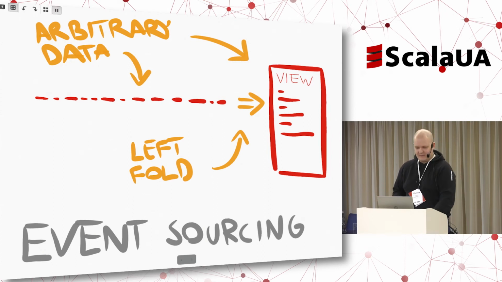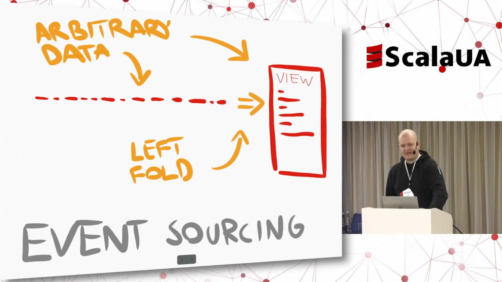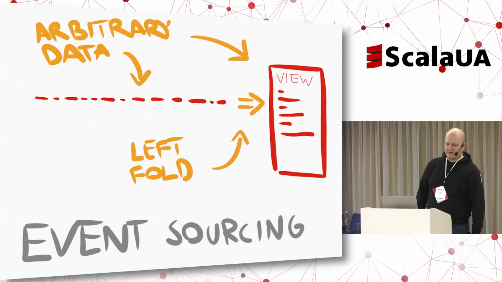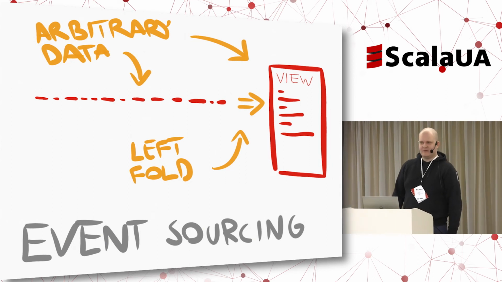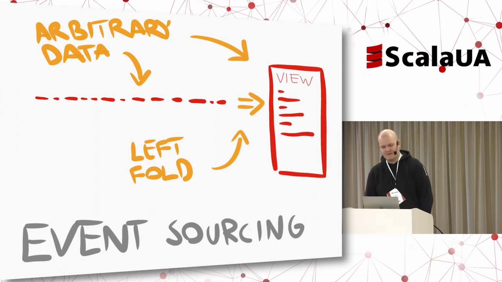So let's say that this first event over here was create user, then delete user, so then you're left with nothing after that, then create another user, so you just fold through from left to right, and you end up with a state.